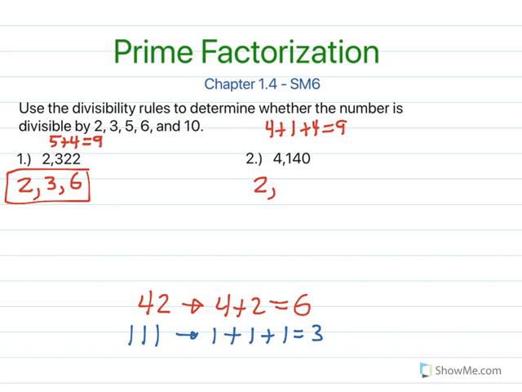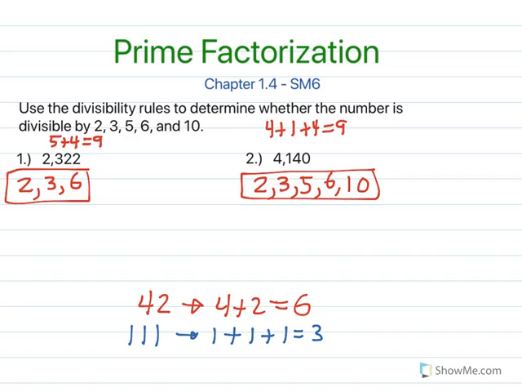You can divide 9 by 3, so yes, it's divisible by 3. Is it divisible by 5? It has to end in a 0 or a 5, which it does, so yes. And then for 6, it is divisible by 2 and 3, therefore it's divisible by 6. And finally, it ends in a 0, therefore it's divisible by 10. So here are the numbers you can divide 4,140 by.